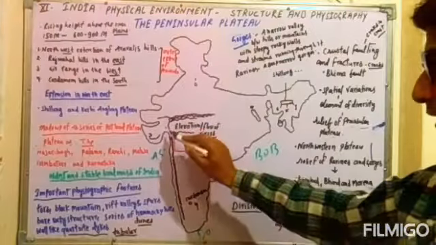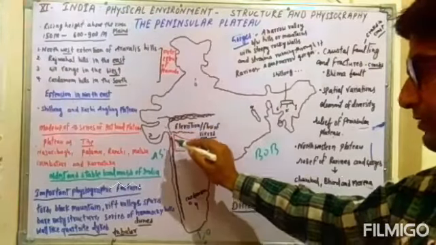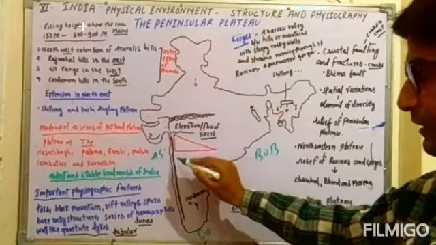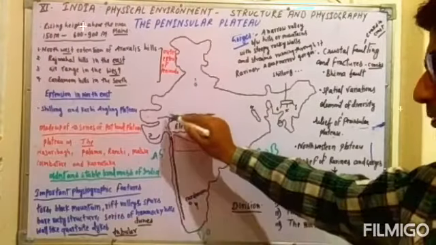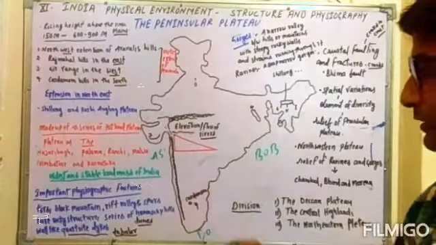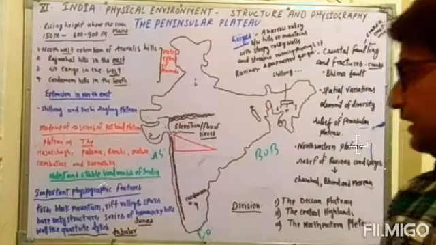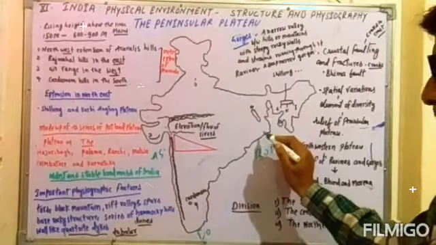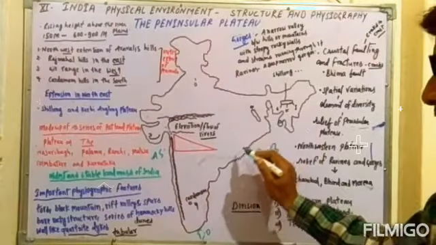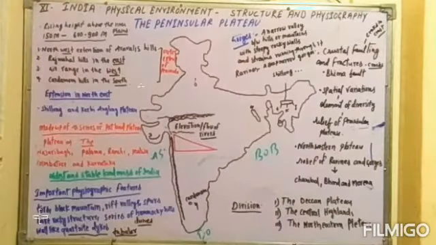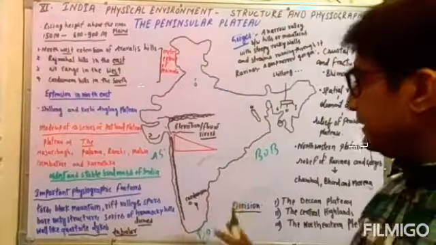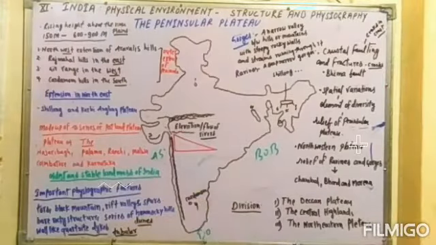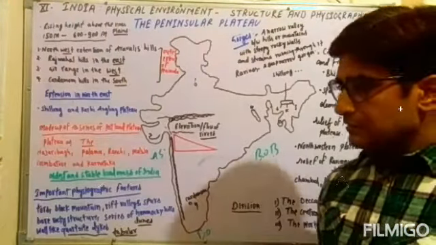A second important difference is that in the west there is a continuous range of hills running from north to south, and in the east there are discontinuous hills running from northeast to south. This is a major difference between the west and the east part of the peninsular plateau.